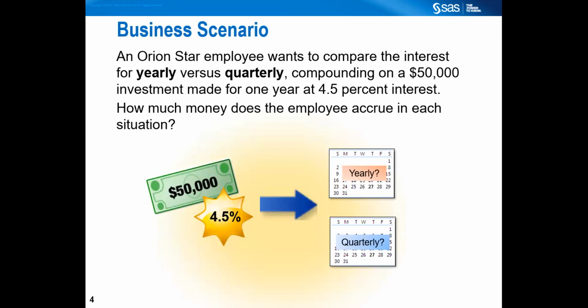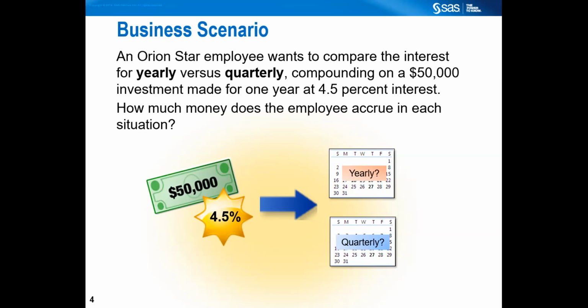Now you have a scenario here where an Orion Star employee wants to compare the interest for yearly versus quarterly compounding on a deposit of 50,000 investment made for 1 year with a rate of interest of 4.5%. How much money does the employee acquire in each situation, that is yearly as well as quarterly?